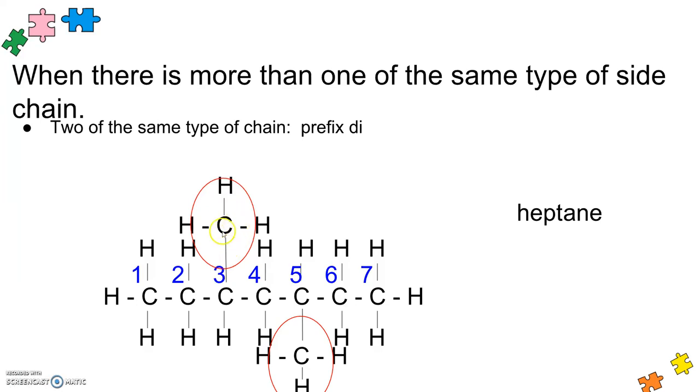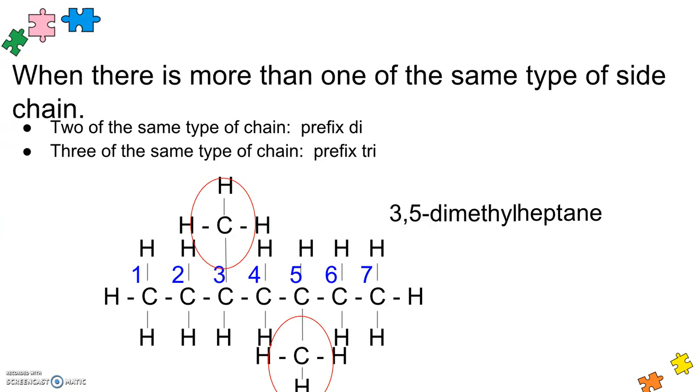If I have 2 side chains that are similar, I use di. If I have 3, I use the prefix tri. So in this case, it's going to be dimethyl. If it were 3, then I would use trimethyl, and if it were 4, I would use tetramethyl. But anyway, let's look at this one first.